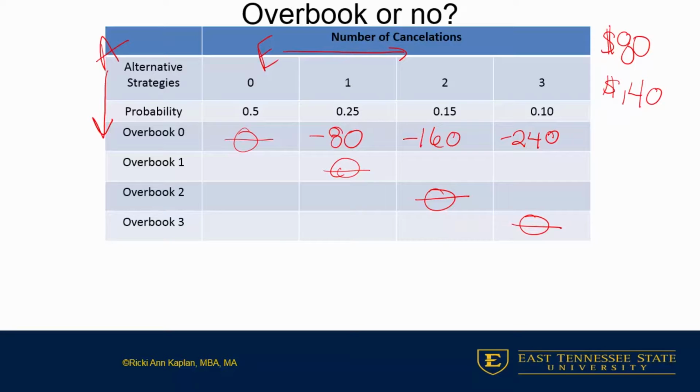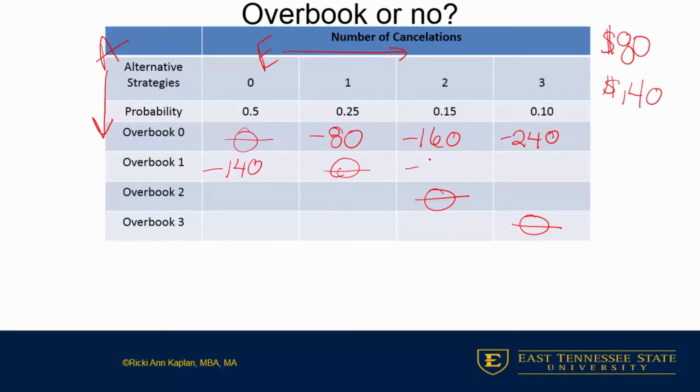Let's look at overbooking 1 room. If we overbook 1 room and we have 0 cancellations, we have no place to put that person we overbooked. We have to find them another room at a minimum of $140. So we're out at least $140. If we overbook 1 room and we have 2 cancellations, that means we can take one of our overbookings and put them in 1 room, but we still have a room empty.